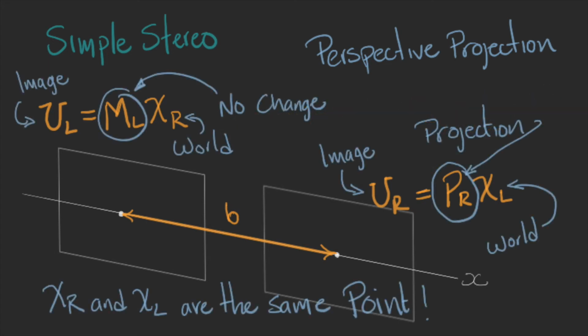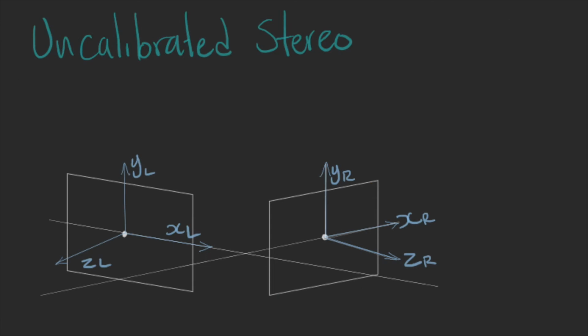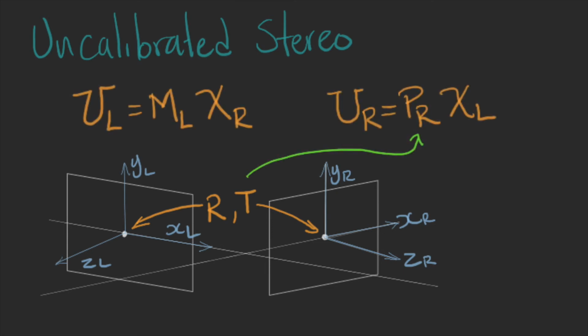Now, in uncalibrated stereo, the procedure is the same, with the only difference that the second camera has both a difference in rotation and translation. If we knew the rotation and translation, we would do exactly the same as in simple stereo.